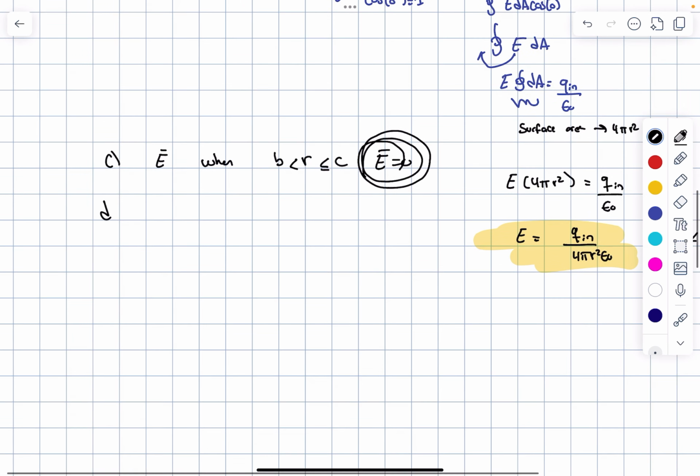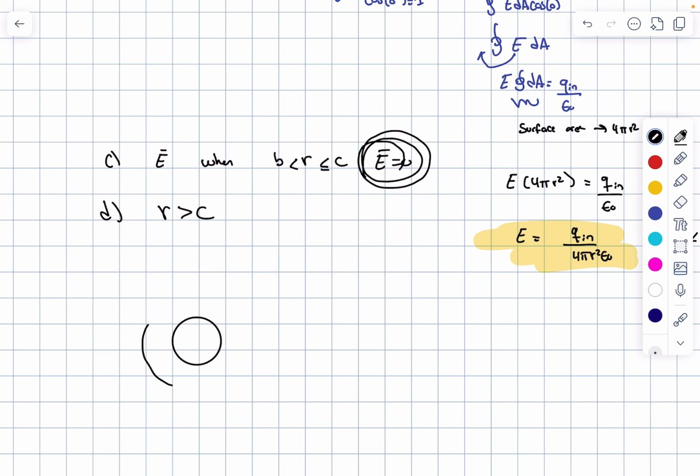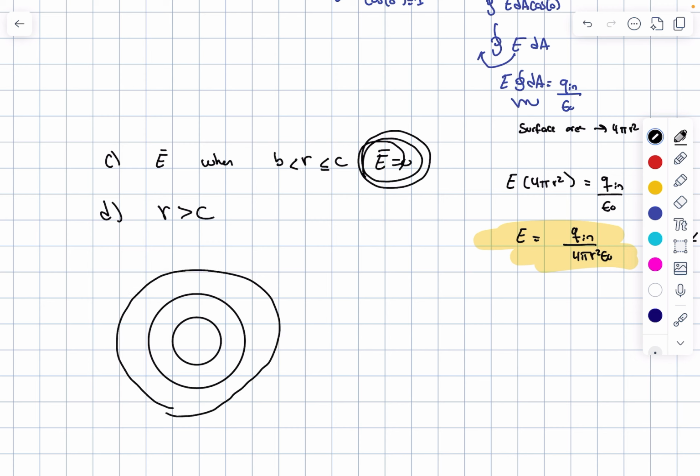Now for D, they're asking us, what is the electric field in the region R is greater than C? We need to figure out how much charge is enclosed inside that region. So here, remember, we have our conductor, we have our conducting spherical shell, right? So this has charge Q1, negative Q2, and I want to know what's the electric field way down here.